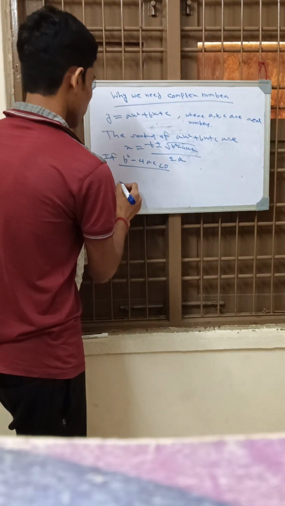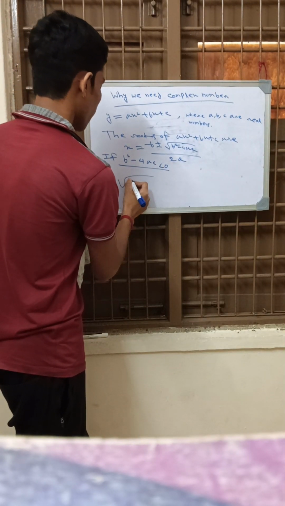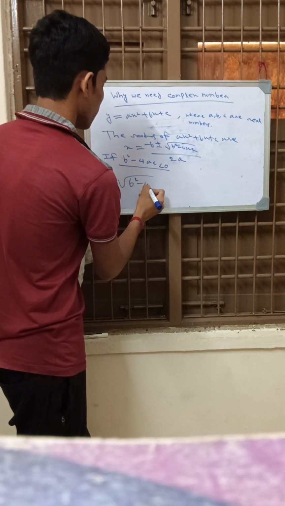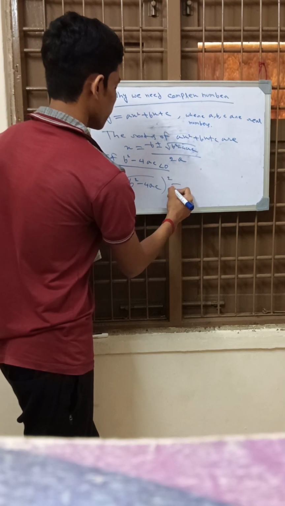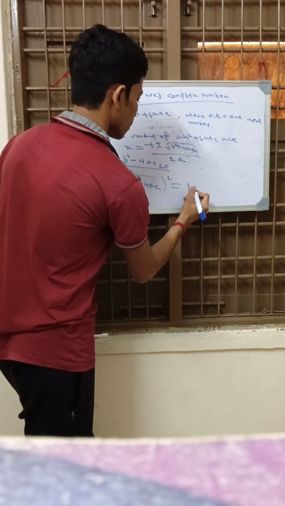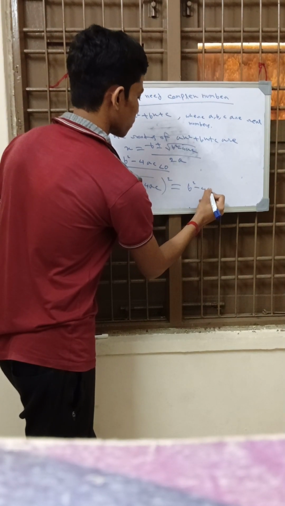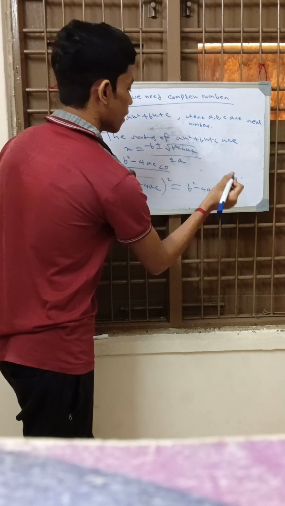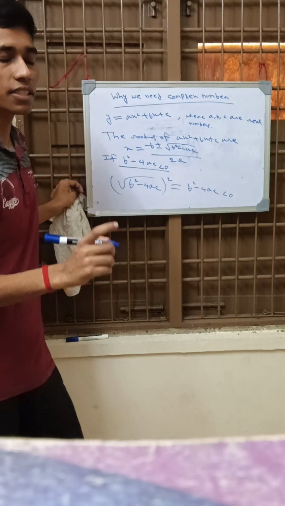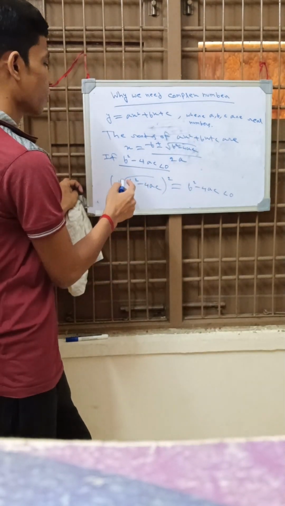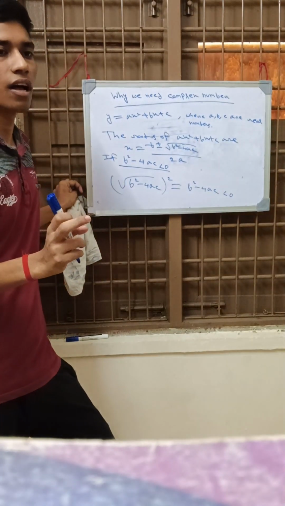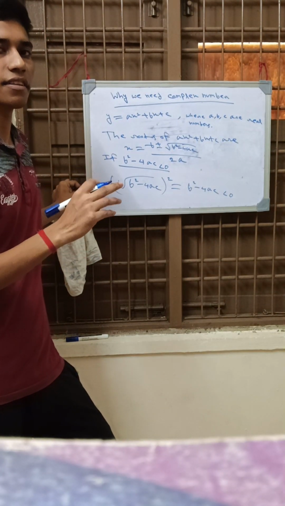Because in this case, if we square the square root of b square minus 4ac, it equals b square minus 4ac, which is negative. And we know that there does not exist any real number whose square is negative. So when b square minus 4ac is less than 0, our root does not lie on the real line.